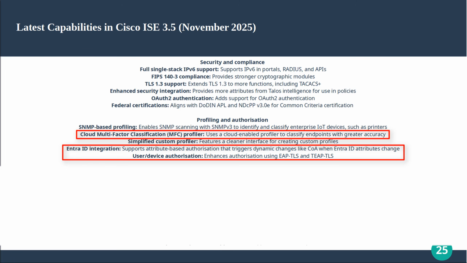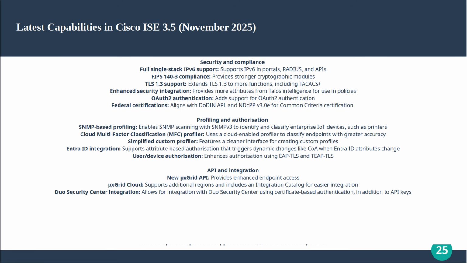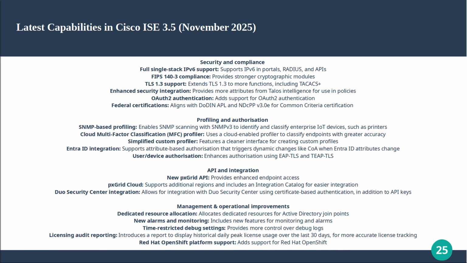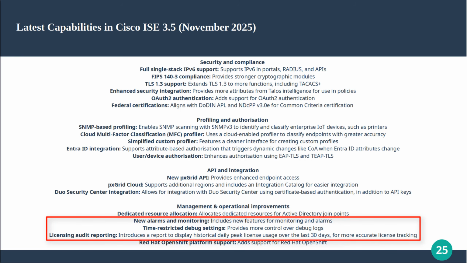So the cloud classifier greatly improves device identification, and Entra ID attributes now trigger live changes to access, which fits zero trust. With integrations, pxGrid Cloud makes third-party onboarding much easier, and using Cisco Duo, integration is stronger using certificates. And finally, for management and operations, new licensing, audit reports, and smart alarms make ISE easier to manage day to day.